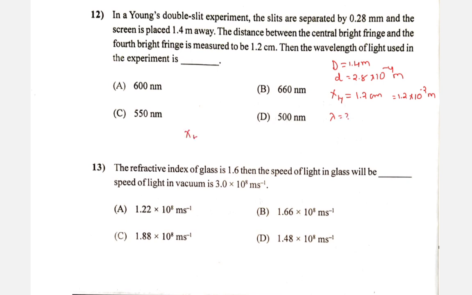So for bright fringe, xn is equal to n lambda D by d. Therefore 4 into lambda into 1.4 divided by small d equals x4, so lambda is equal to 1.2 into 10 to the power minus 2 multiplied by 0.28 into 10 to the power minus 3 divided by 4 into 1.4.